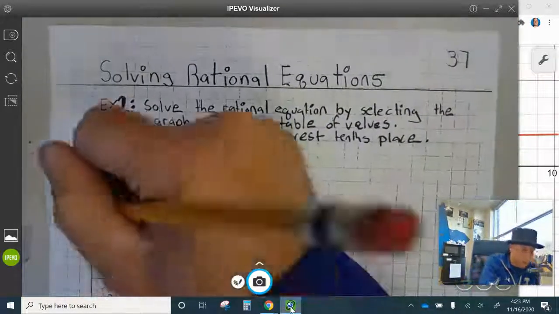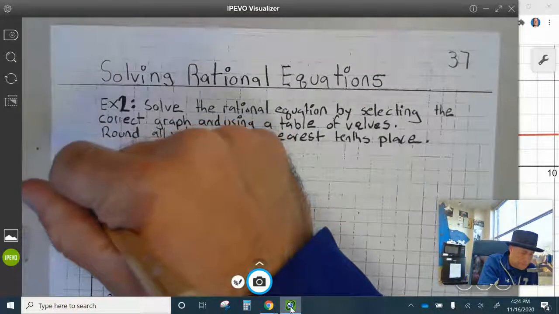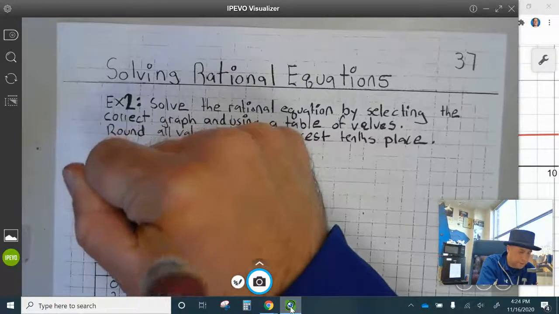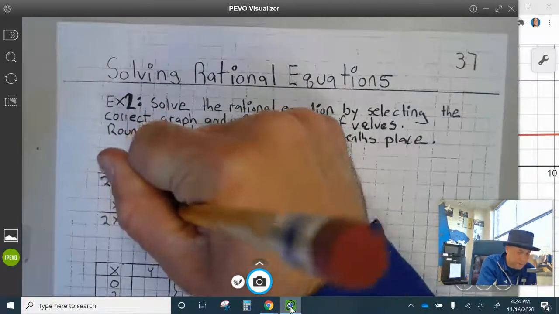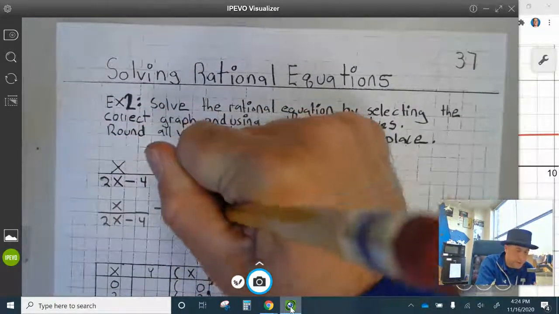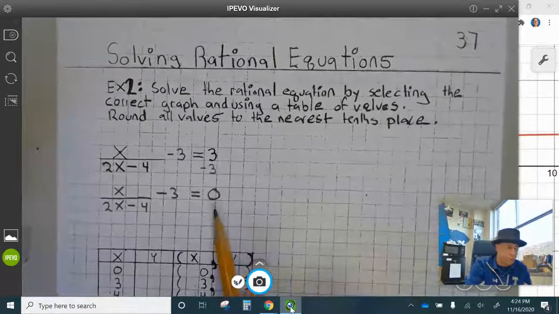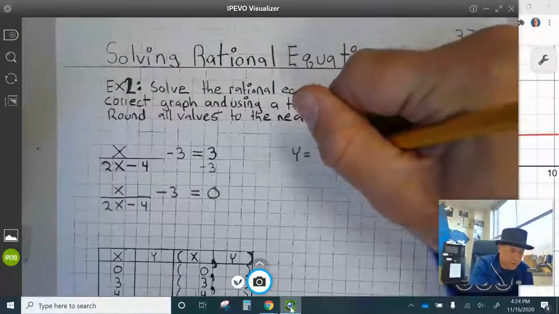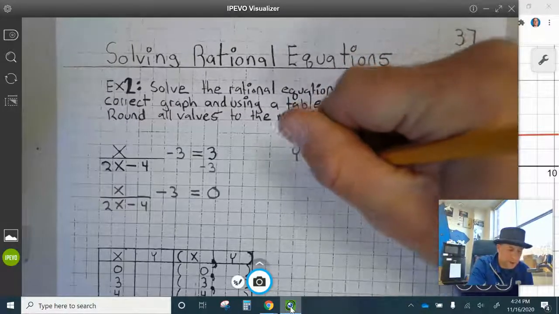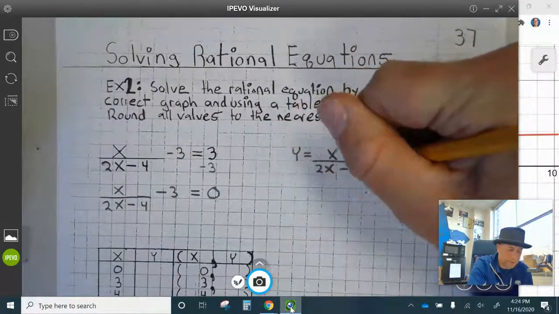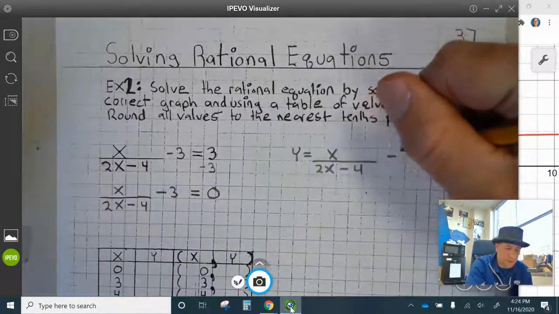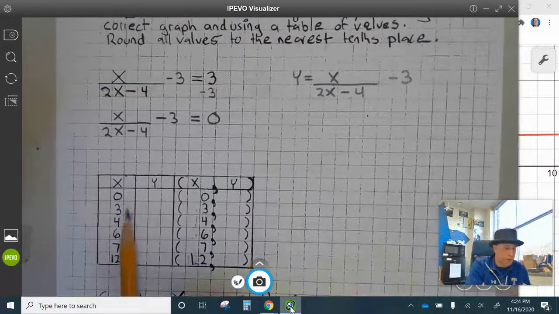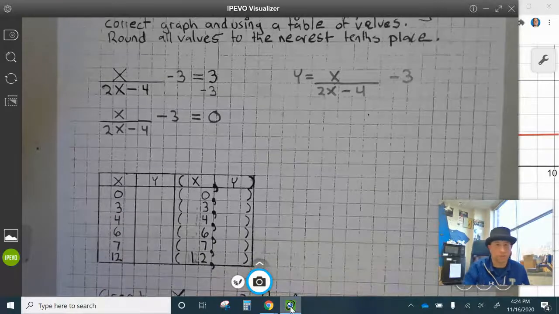Okay, so we get x divided by 2x minus 4 minus 3 equal to 0. We're going to substitute y in for 0, so we're going to graph in Desmos y equals x divided by 2x minus 4 minus 3. So let's go ahead and do that. And then we're going to put in these x values from the problem.